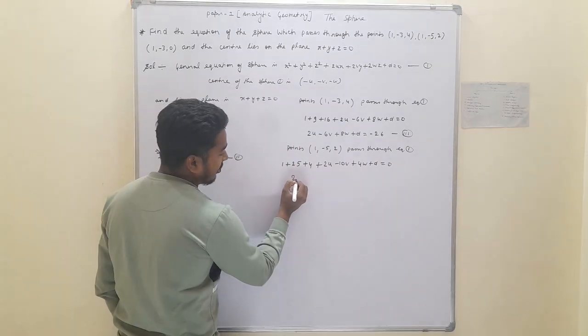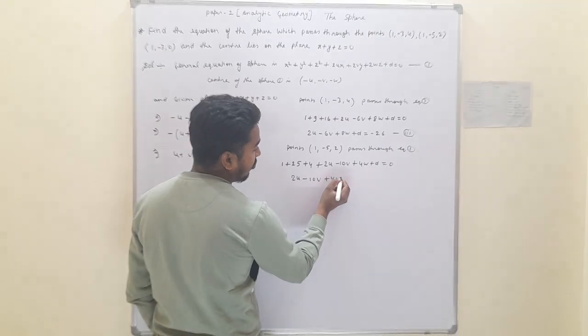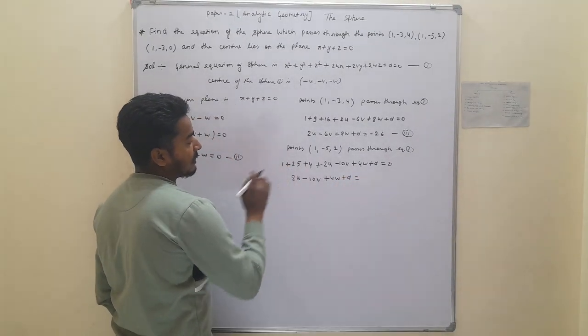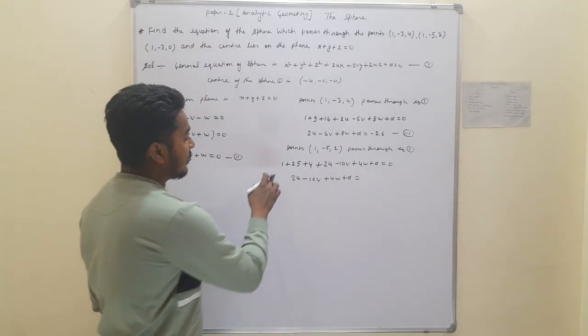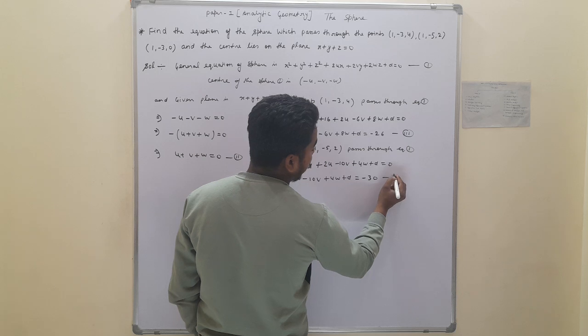From here we write 2u - 10v + 4w + d = -30, since 1 + 25 + 4 is 30 and is taken to the right-hand side. This is equation 4.